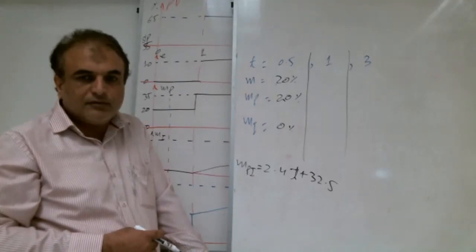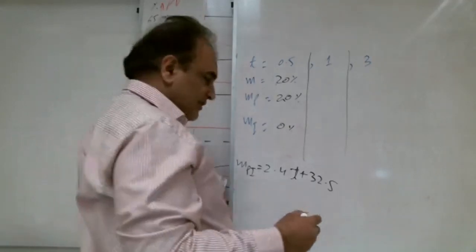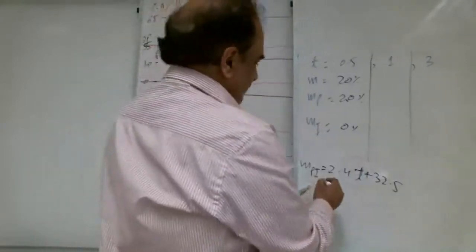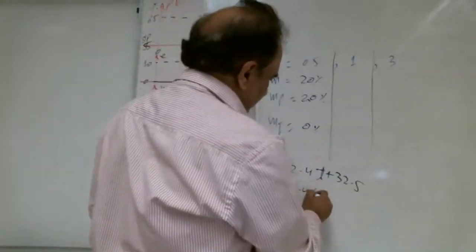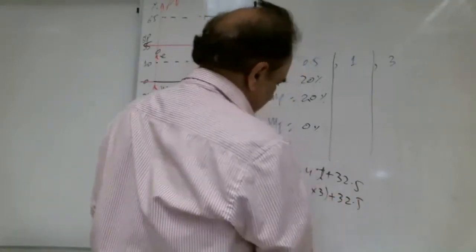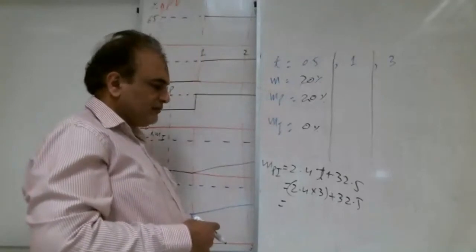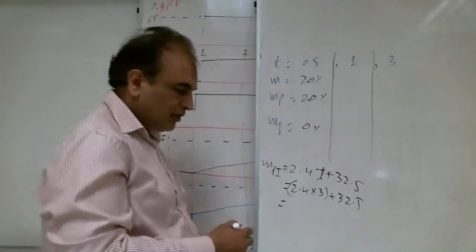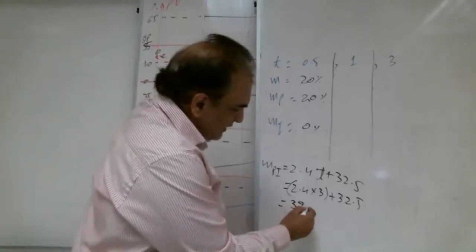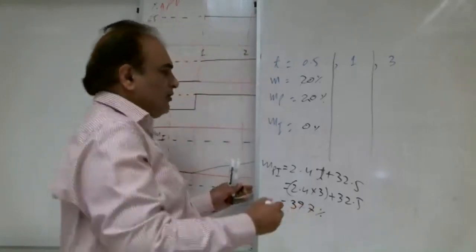He's saying yes. Okay. Now we are saying T is 3. So 2.4 into 3 plus 32.5. How much, Shabab? 39.7 approximately.